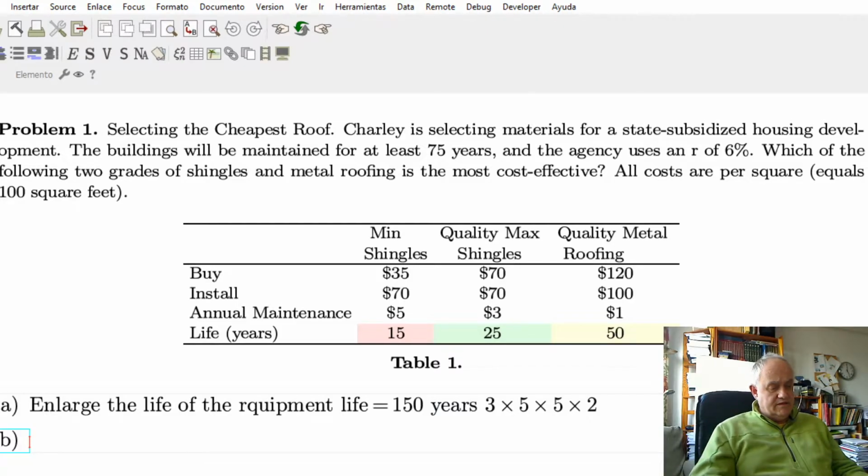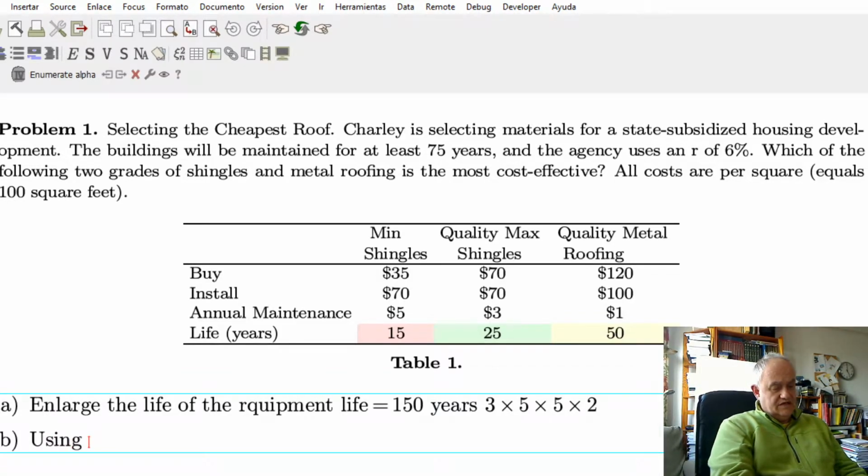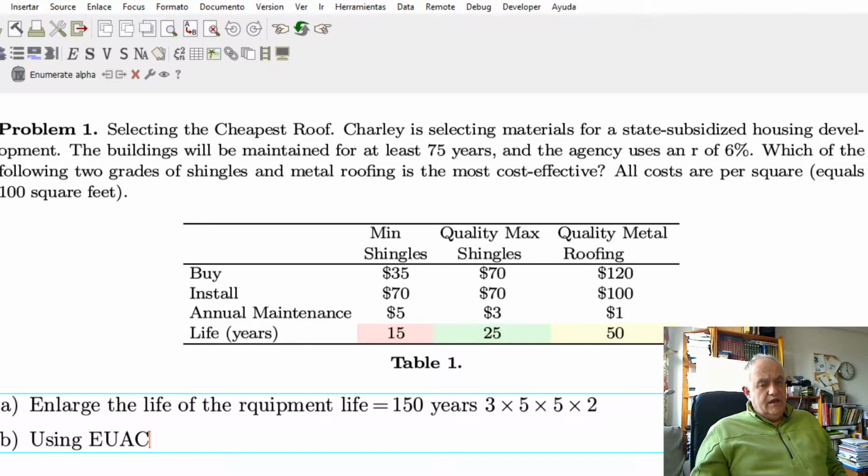Another possibility is thinking in terms of using expected or estimated uniform annual cost. In this case, we're only using cost. We have the price, we have the cost. We have to select the cheapest alternative.